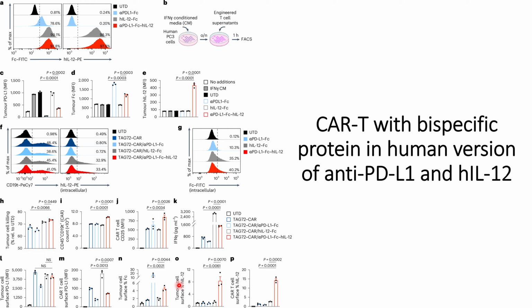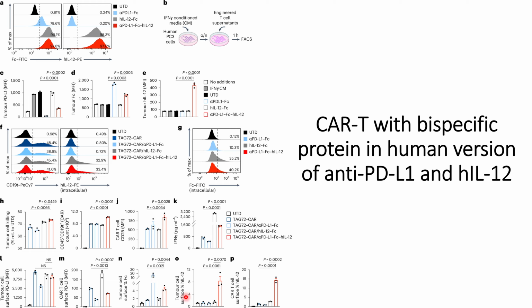So they can see that the tumor cells with percentage FC on the surface are high in the case where they use only anti-PD-L1 FC, because these bind to the tumors. But in the combined case, they see less of this percentage FC, because some of these cells are dead, or the dead cells in the last case are high compared to the case where they use only anti-PD-L1 FC.